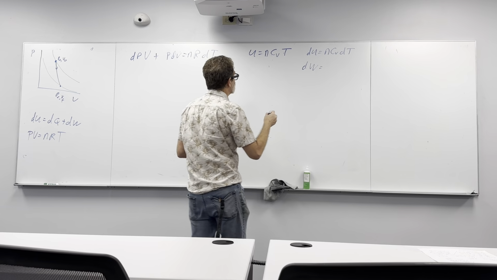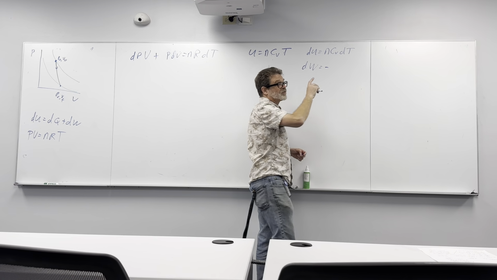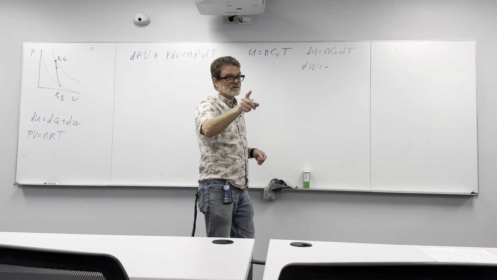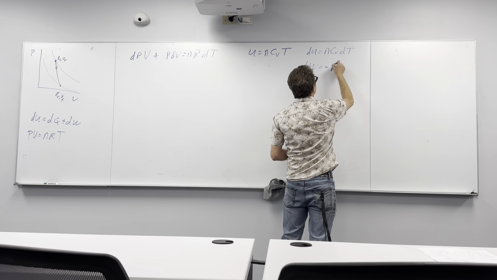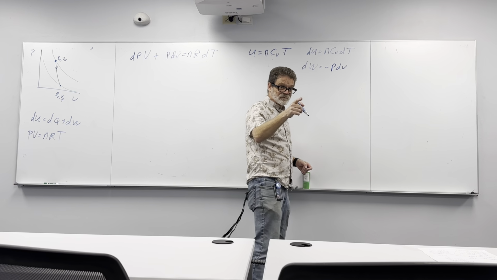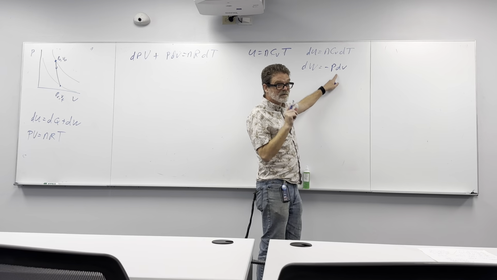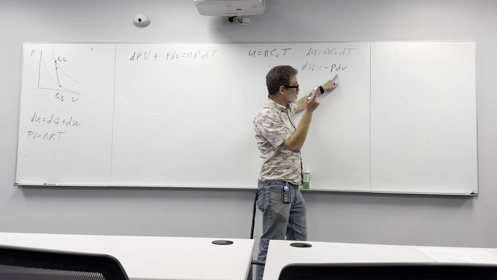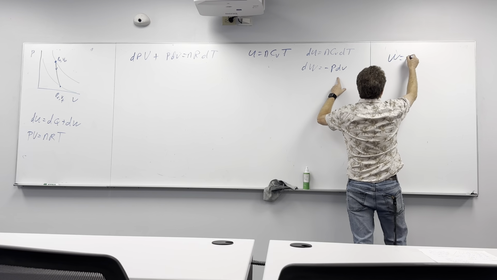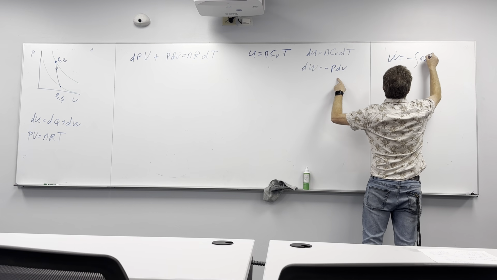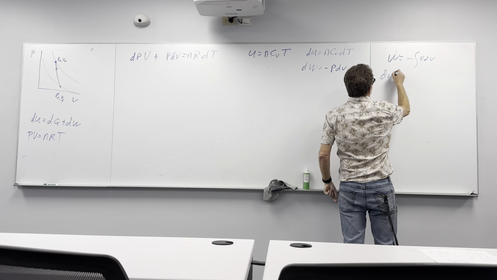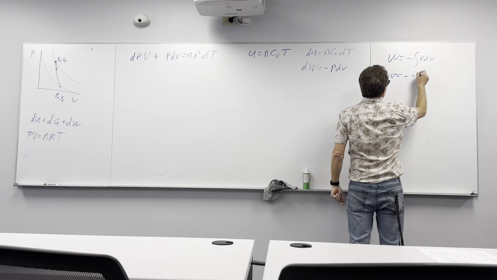That was for a specific case, isothermal. This is just in general. The total work is minus the integral of PdV, so a little bit of work is just minus PdV.